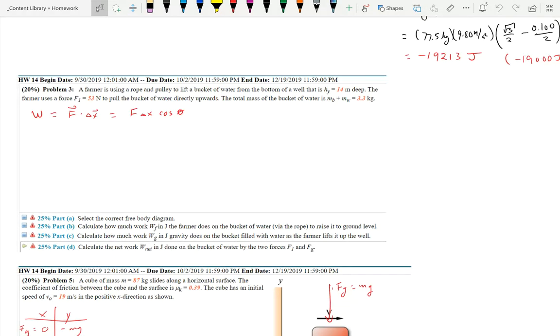It was like we did it a certain way for B, and then we did it the same way for part C, but it wasn't right, and I wasn't sure why. Okay, so part 3, you have a farmer who is foolishly pulling up with a much greater force than the weight of the bucket. If he's pulling up with a greater force than the weight of the bucket, what's happening to the bucket?